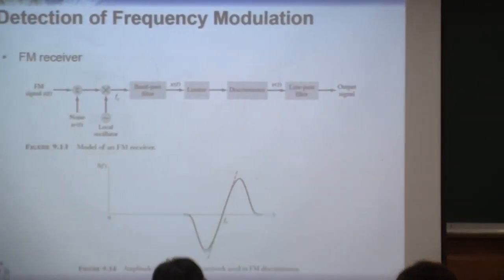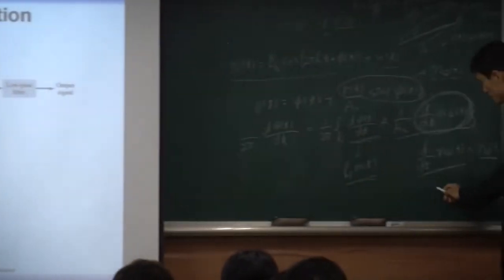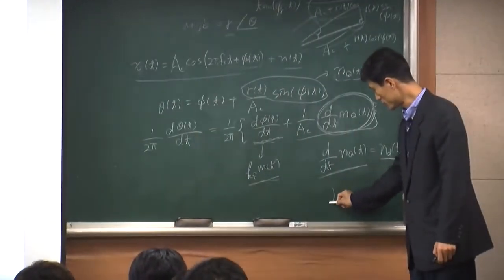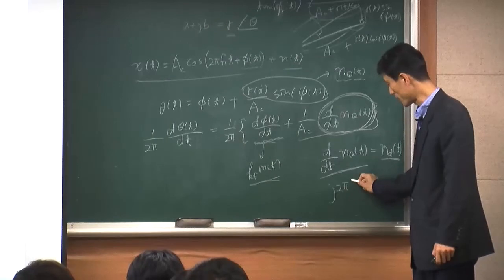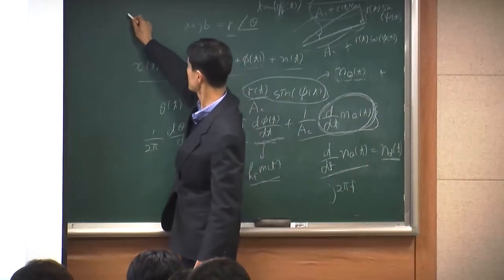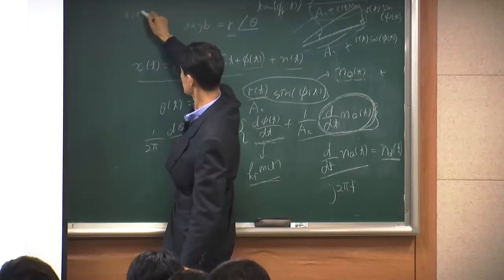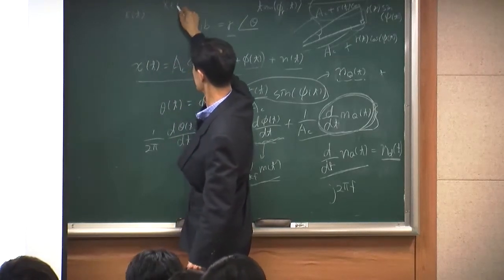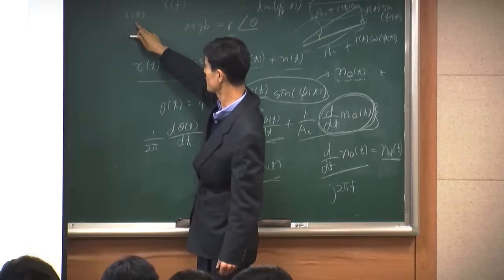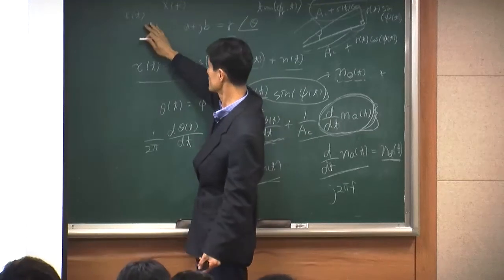You know that the time derivative of some function, when you look at it in frequency, is equal to multiplying by j2 pi f. So if you have, let's say, x(t), and the frequency response of this x(t) is X(f), this is the time domain and this is the frequency domain, some signal.